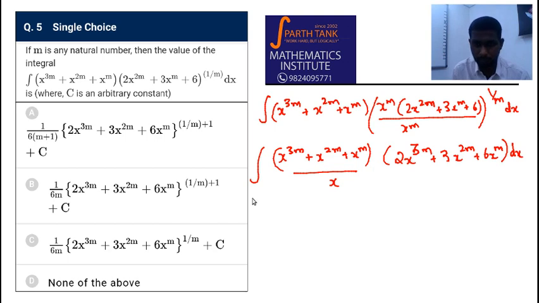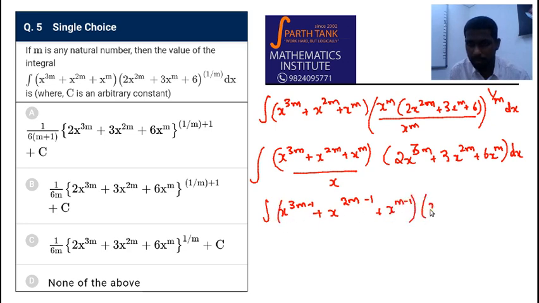Correct? Okay, sorry, let's simplify this one more step so that things are a little more clear for us. x to the power 2m minus 1 plus x to the power m minus 1 into the same term here, 2x to the power 3m, 3x to the power 2m, 6x to the power m dx.